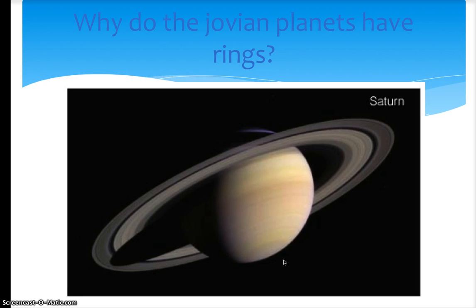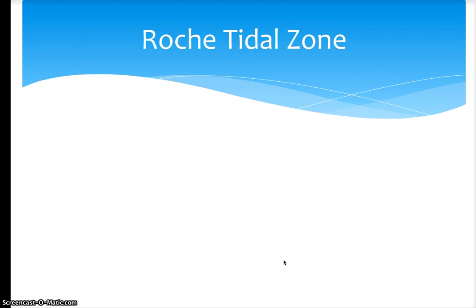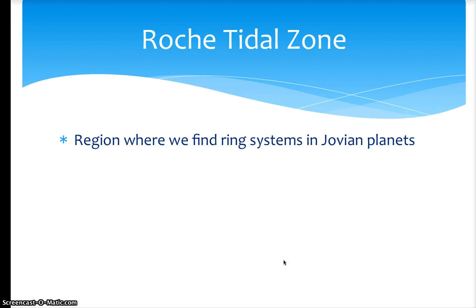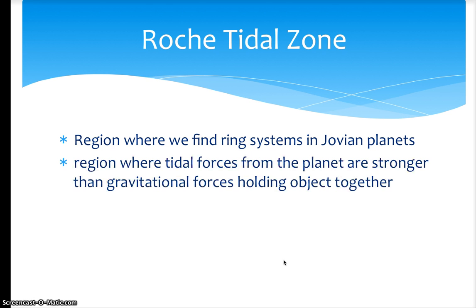So we might wonder, why do they have rings? There's something called the Roche tidal zone, and this again has to do with gravity. It's a region where we find the ring systems in the Jovian planets. In a sense, there's a special location, a distance from each planet, which is called the Roche limit. If you're closer to the planet than that limit, then you're in the Roche zone. And if you're further away, then you're outside of it.